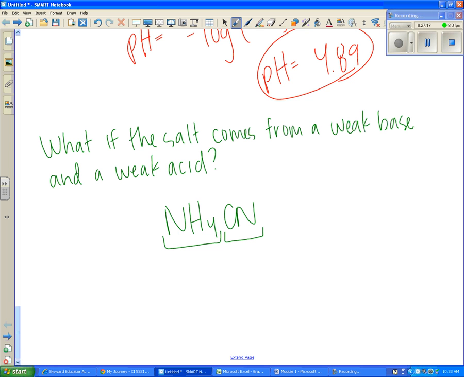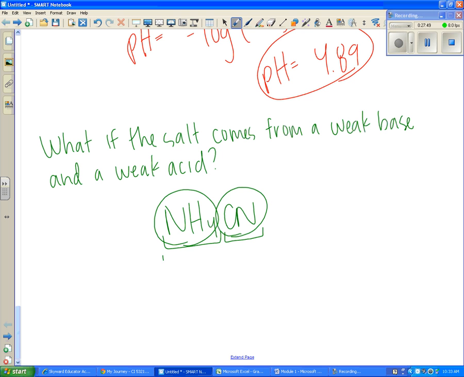This is a stronger conjugate acid. This is a stronger conjugate base. What is the solution going to be? Well, it depends on whether this is a stronger conjugate acid than this conjugate base, or if this is a stronger conjugate base than this conjugate acid. So which one of these is a more powerful conjugate acid or base? Remember, Ka and Kb tell us how strong an acid or a base is.